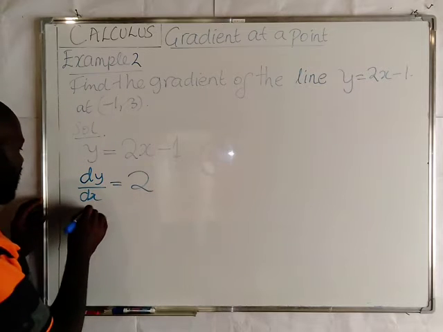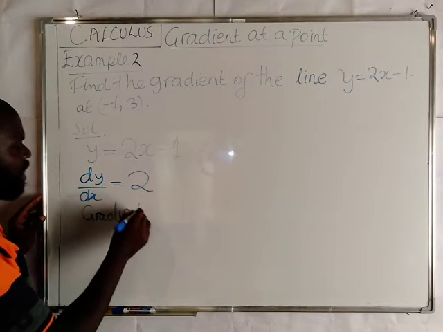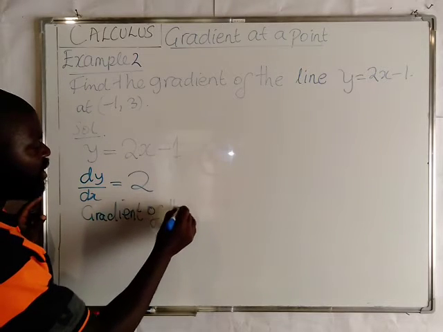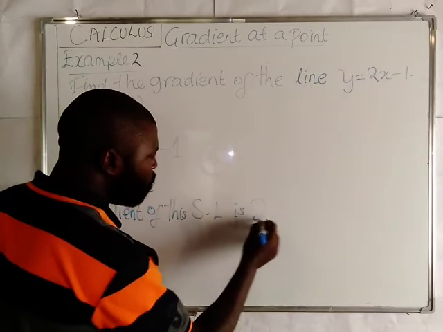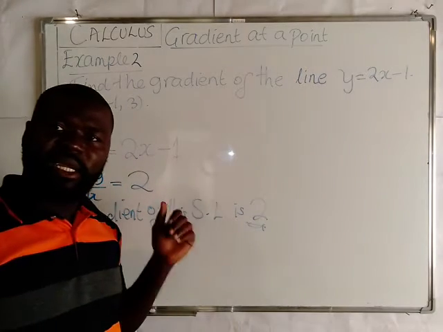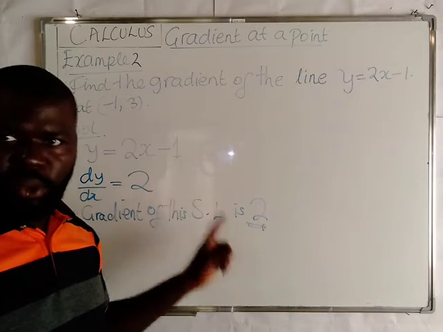So it means the gradient of this straight line is 2. That's what this means. It means the gradient of this straight line is 2.